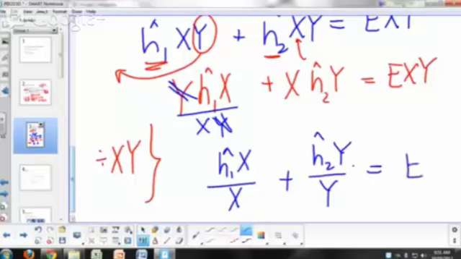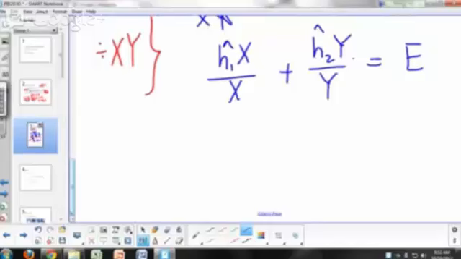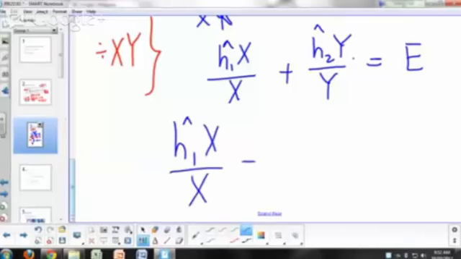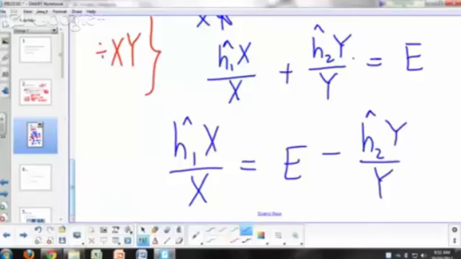So that will just leave you with E. Okay? Let me rearrange this a little bit. I'm going to move my Y term to the right side. I want to separate my variables, right? So I'm going to say H1 hat X over X equals E minus H2 hat Y over Y.